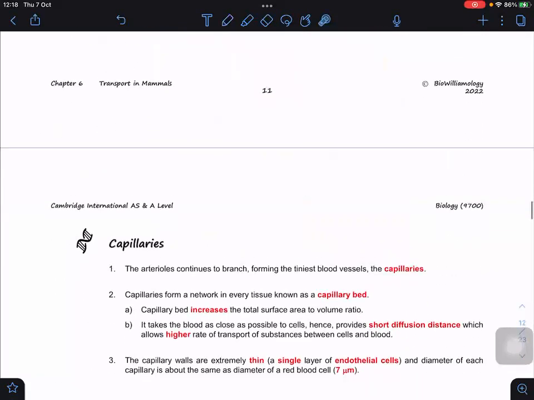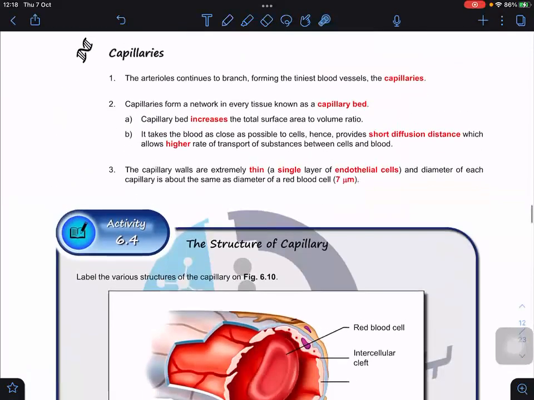Okay. So we've done the veins. Then we come to the connections between the artery and the veins, or more precisely, arteriole and venule, which are capillaries. You won't see them as one capillary only, but they form a network, and this network is called a capillary bed or capillary network.